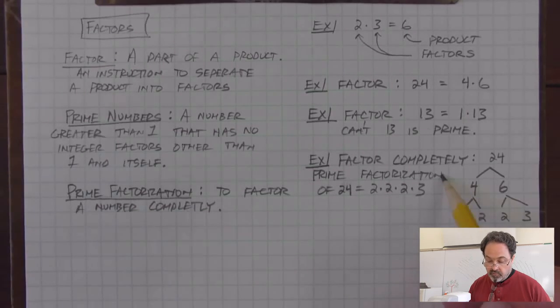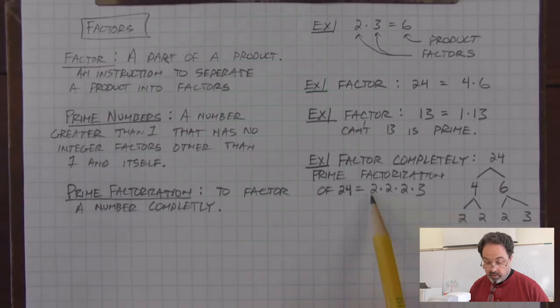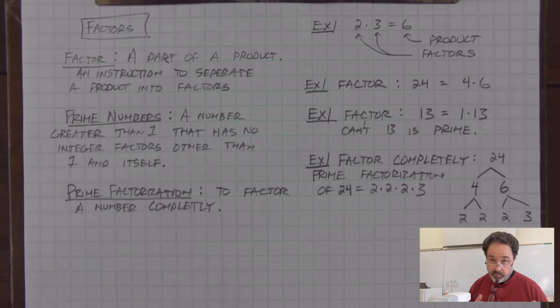So it's a factorization. We broke it down into a product, and all of the numbers that are the final result, all of these factors are prime numbers. That's why we call it the prime factorization. If these numbers weren't prime, then we could go further to find more factors. But we've stopped there. All of these numbers are prime.